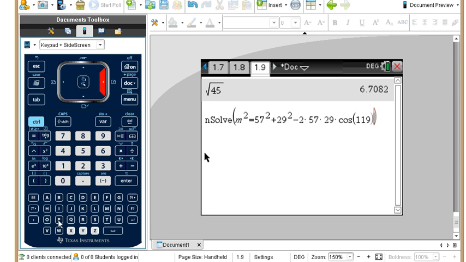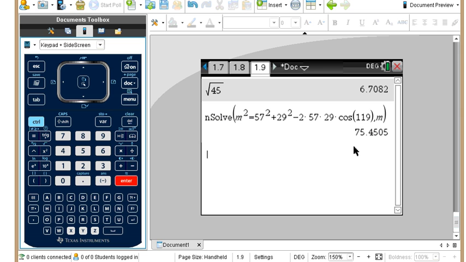And so we put in comma M if we're solving for unknown M, and we have this, which is 75.45, and I think it's the nearest tenth, so I think it'd be 75.5. Let's go ahead and put that in place.